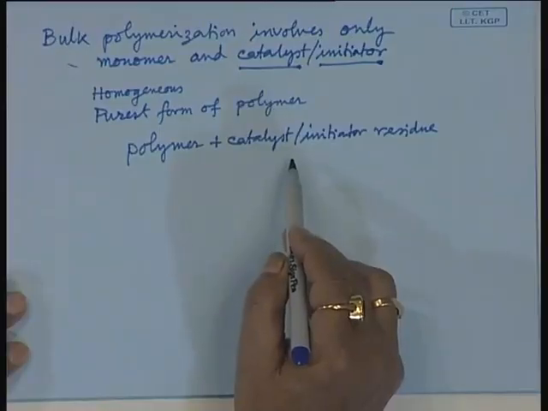So, in the product, the raw polymeric product will be obtained, that is only a polymer, no initiator residue, no other impurities. In case of condensation polymerization, there is some byproduct which is eliminated, and that is removed from the polymerization system. So, that is also not present as impurity.